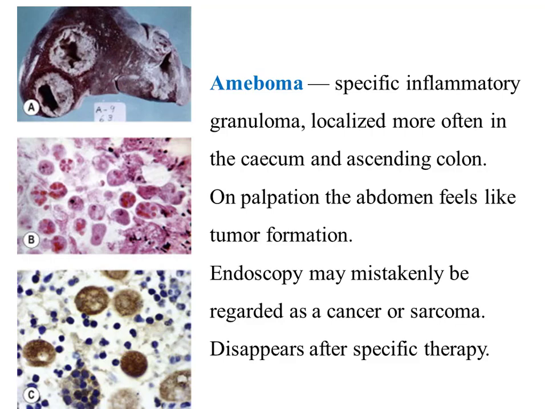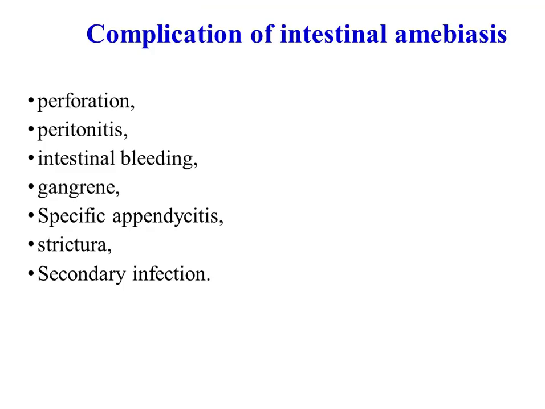It disappears after specific therapy. When intestinal amoebiasis develops, we can speak about the formation of several complications, which are usually connected with damage of the intestine. If we see the presence of ulcers in a patient, of course, we are afraid of the formation of perforation, peritonitis, bleeding, and gangrene of the intestine because of the amoebic etiology, and it can involve the appendix.